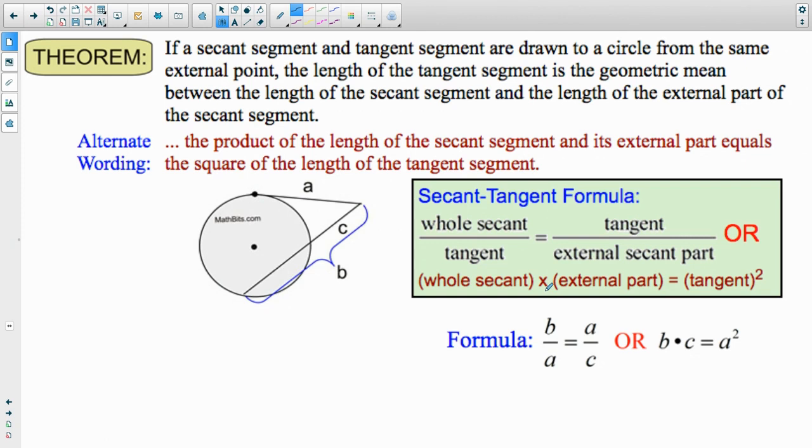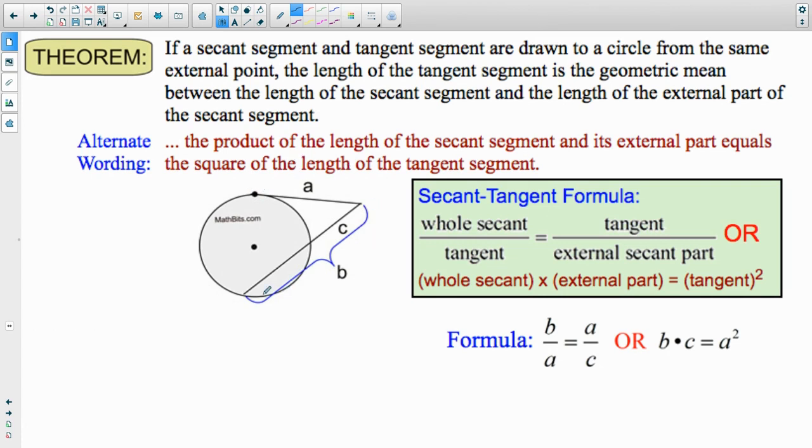So here, what they're saying is that when we see a tangent, you could think of the tangent whole and the tangent exterior part being the same exact part because it only touches the circle at one point. So therefore, it's the tangent times itself, which is the tangent squared, right?